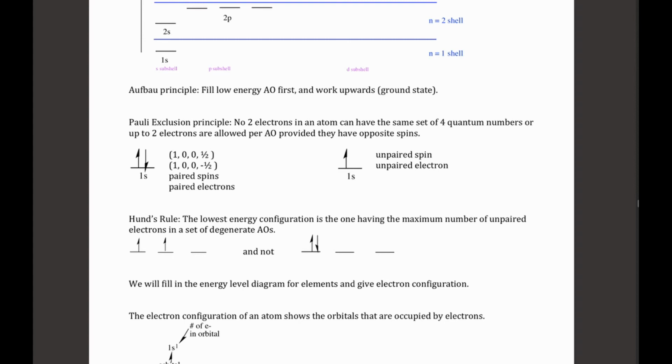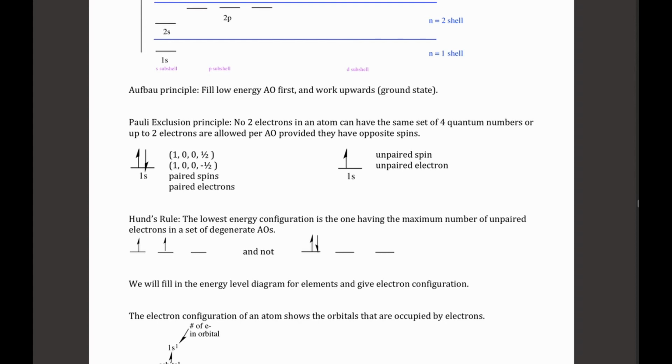We also have a principle called the Pauli exclusion principle, which states that no two electrons in an atom can have the same set of 4 quantum numbers. That actually translates to up to 2 electrons being allowed per atomic orbital, provided they have opposite spins.